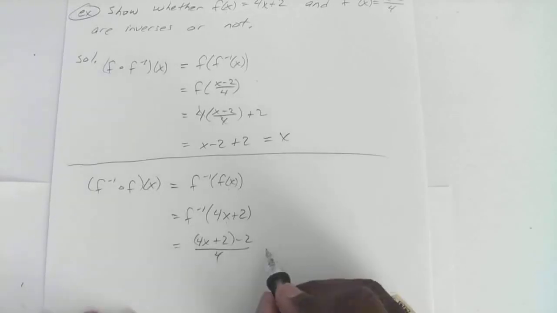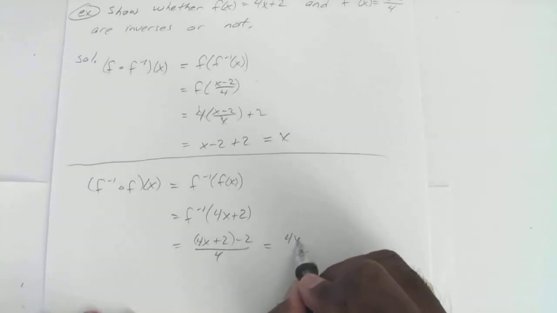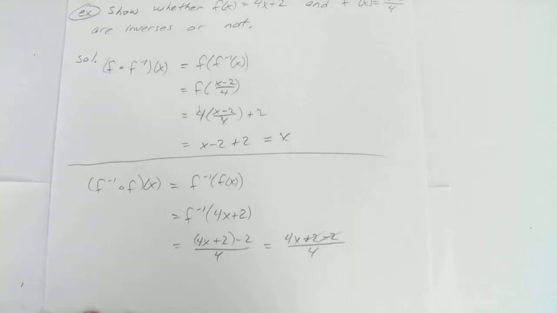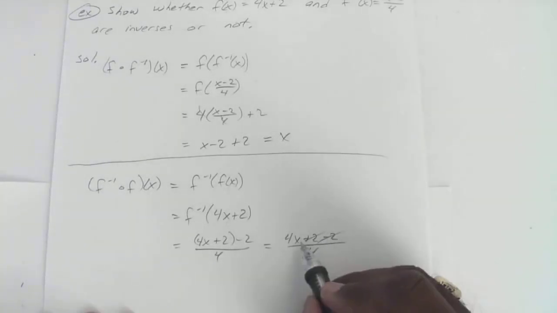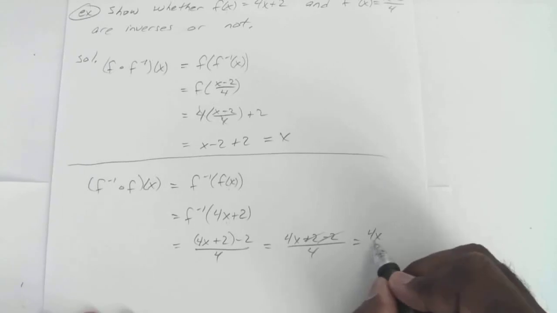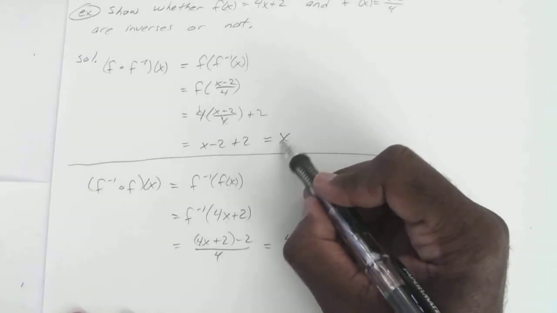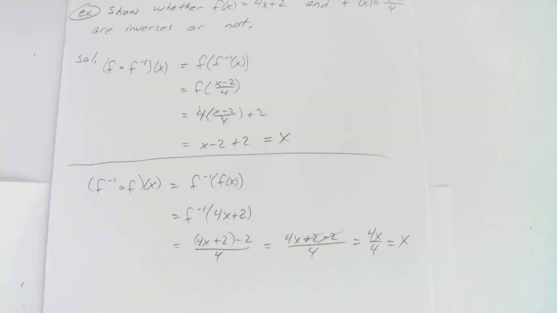Now we just simplify. You have 4x plus 2 minus 2 over 4, where those two cancel out, so you have 4x over 4, which is just x. So we just verified that they're both inverses of each other, because once you get the composite of each, they cancel out and you're left with just x.